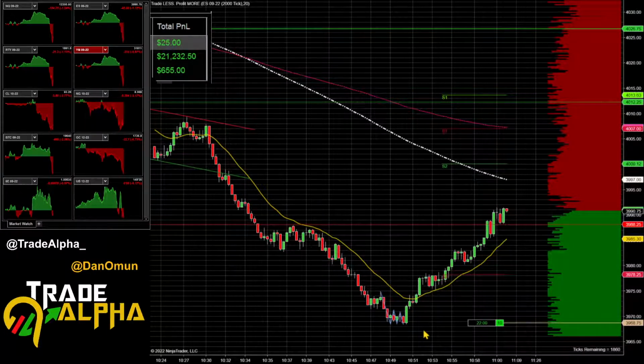That was not exactly the best decision on my part, but I just wanted to lock it in as a profit, and then I've got 10 contracts as a runner, so it's all good. As you can see here, this 10 contracts was almost perfectly on the money where the reversal was.